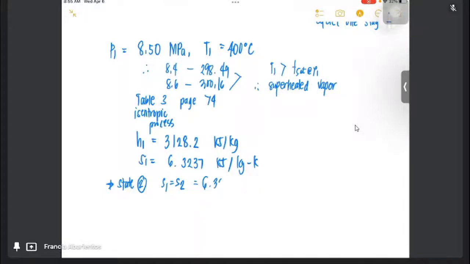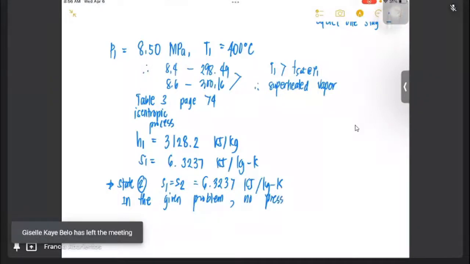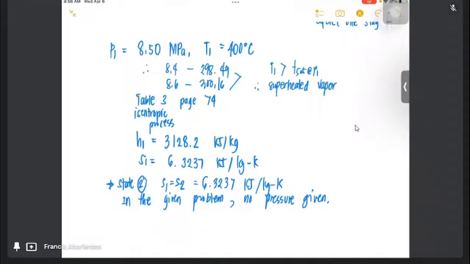So, saan tayo pupunta? If we have this. Take note, in the given, wala siyang binigay na pressure. So, mag-a-assume tayo.